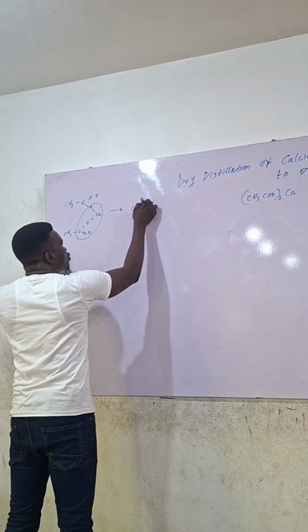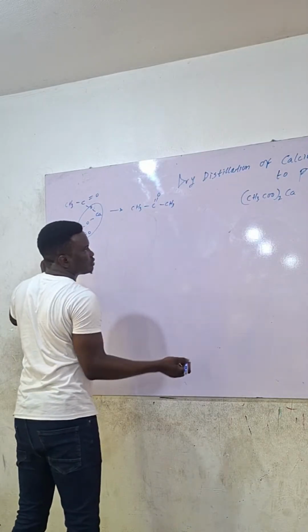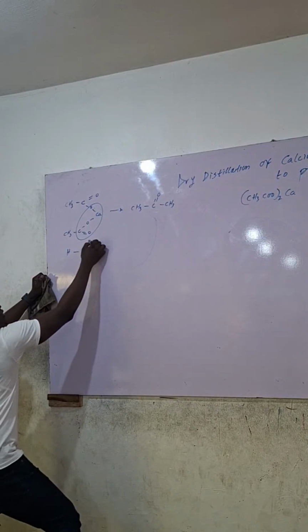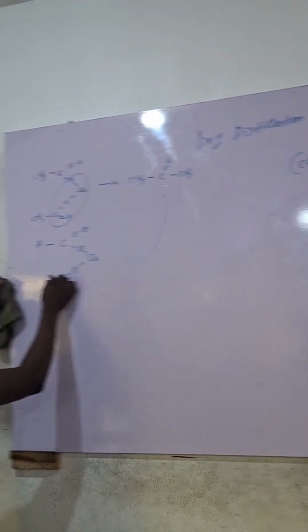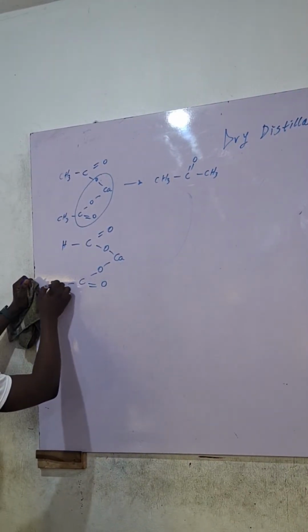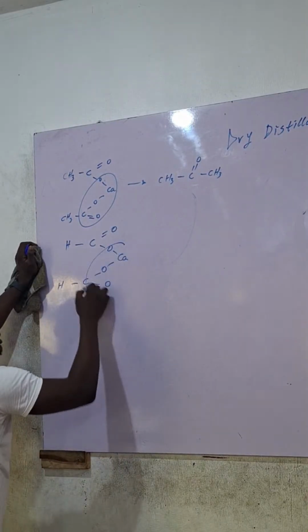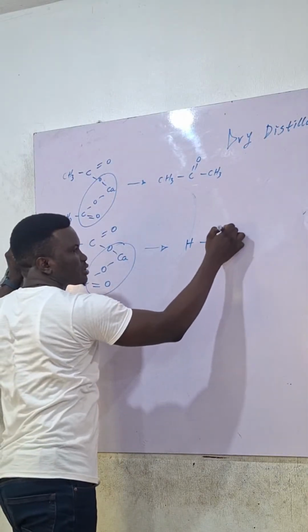So propanone is one of the products. Is that okay? Then for the second one, we have done it before. HC double bond O, O, Ca, O, C, double bond O, H. When you do this, you get methanal. That's another product.